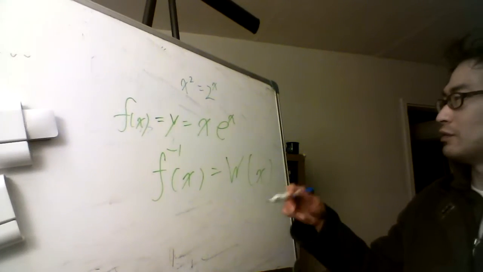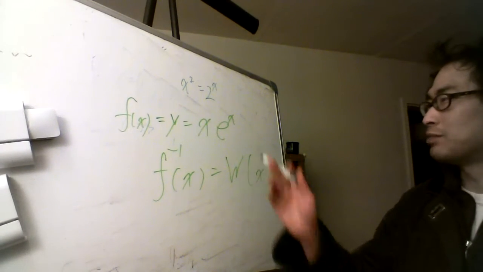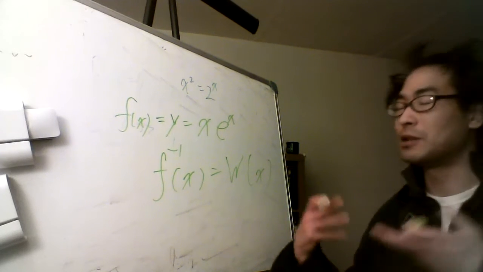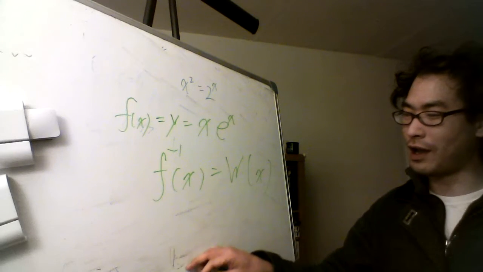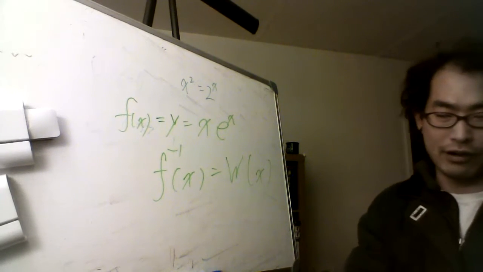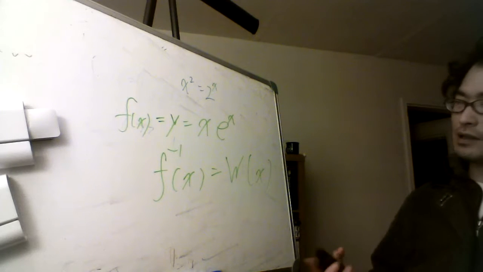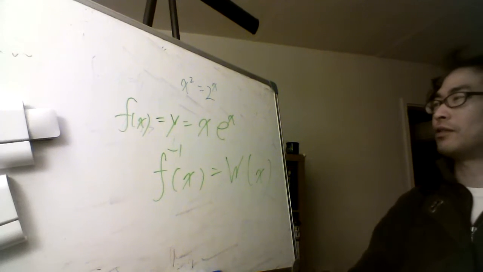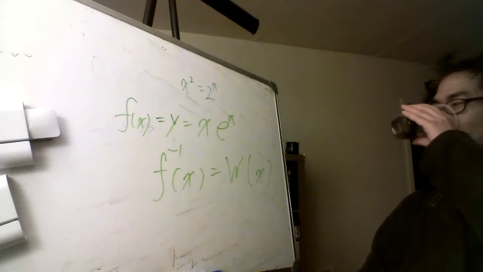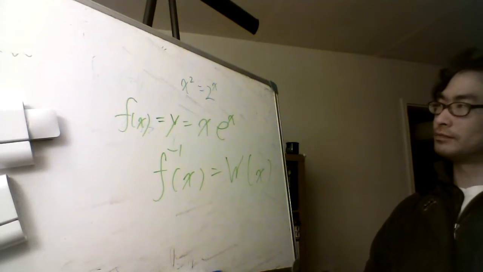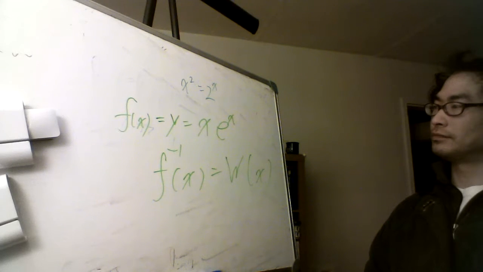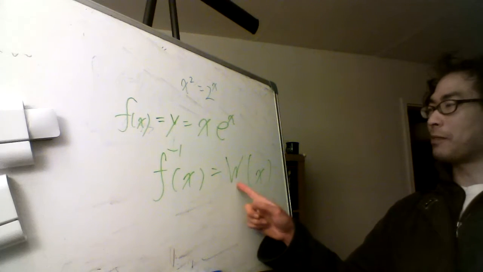So that's what it is. And probably it's not algebraically expressible. Yeah, go ahead and explore Galois theory, and maybe you can prove that it's not algebraically expressible, whatever. This is the Lambert function.